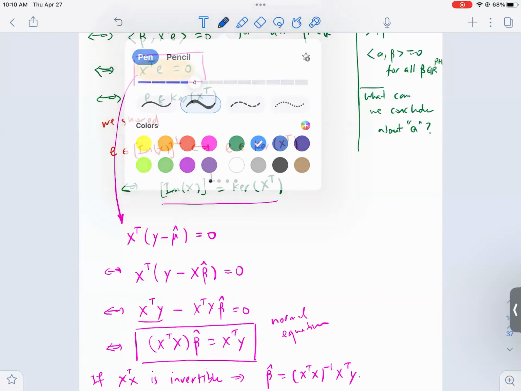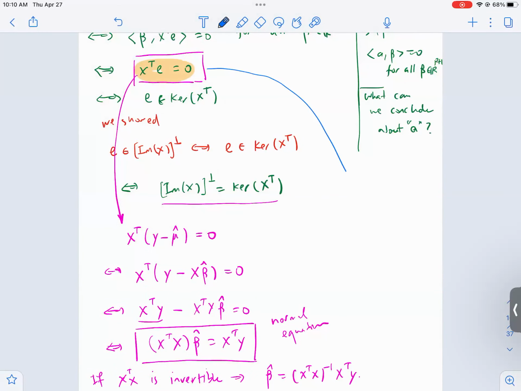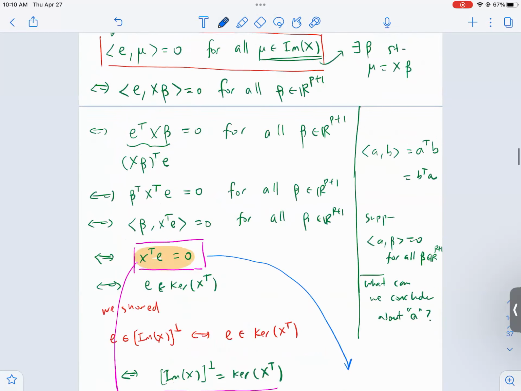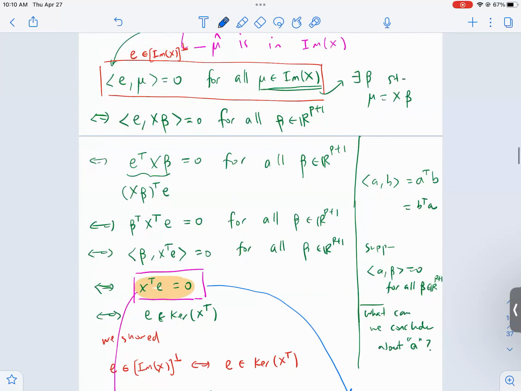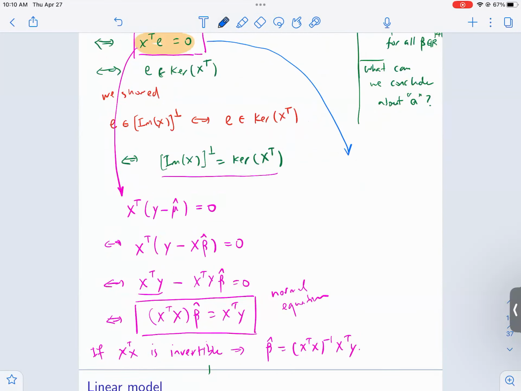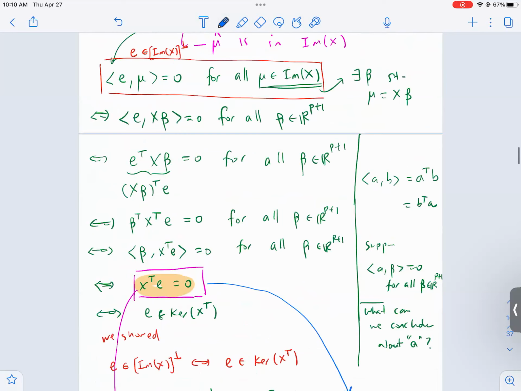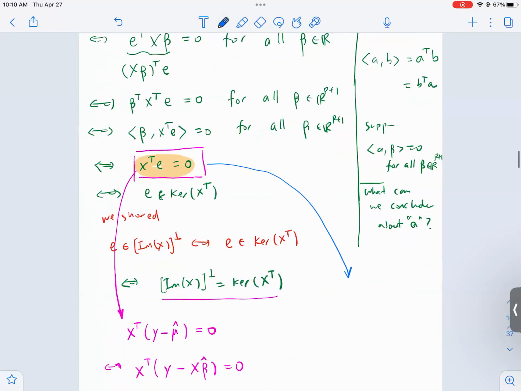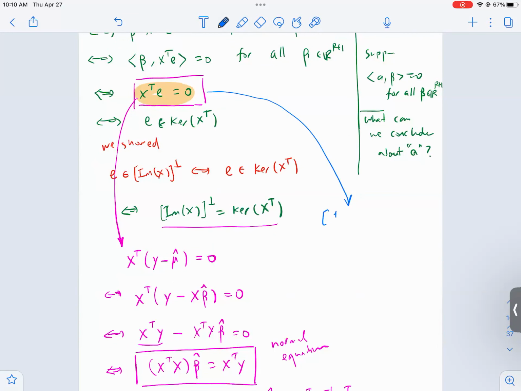I want to give you another, very simple, straightforward way of saying why X transpose E has to be 0, because that's the starting point for this. The easiest way to see it, even if you don't follow this, is I want E to be orthogonal to the image. If I remember, X is 1, X1, X2 up to XP.